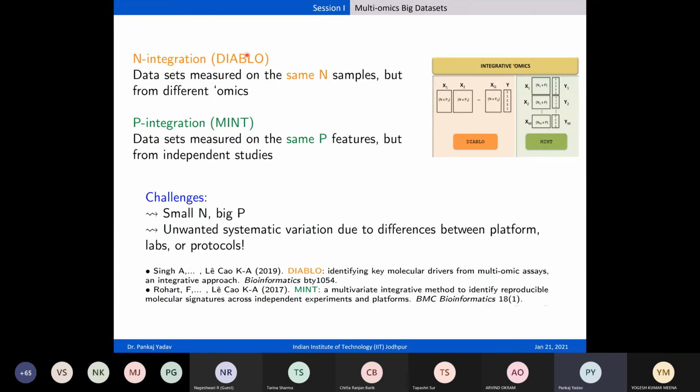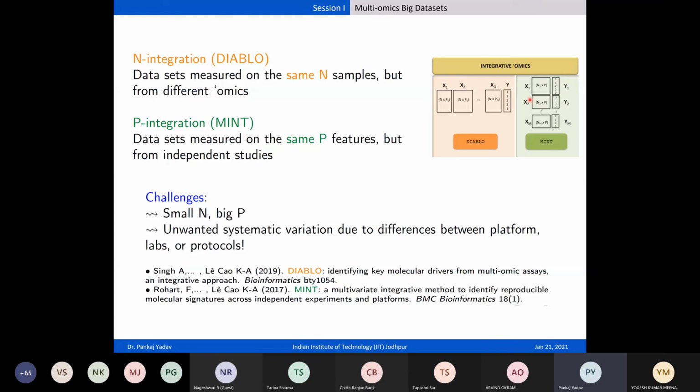So this DIABLO basically works by this method. You have n by p1, n by p2, and so on. N is constant; what is changing is the features, right? Then you can perform this matrix factorization to do the analysis.